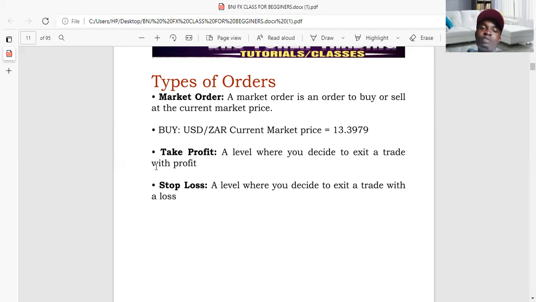It's almost the same thing as take profit. Take profit is when this market gives me profit to this point, please help me and take my profit. While stop loss is when this market gets to this point against me, please help me and stop my loss.